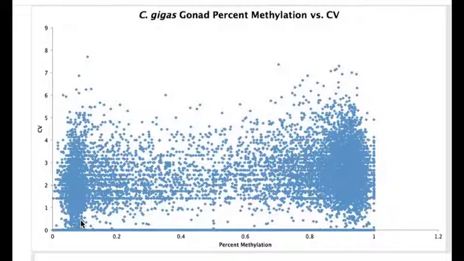It could just be that there's only one exon, or one area of methylation, so it's not going to vary that much. But it's interesting because a lot of these genes have a high variation, so I believe a lot of them are differentially methylated. They'll be highly methylated in one area and not very methylated in another area.